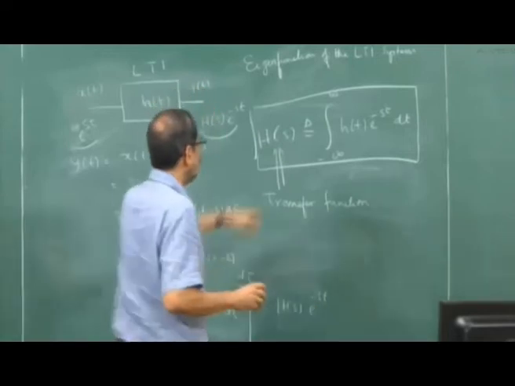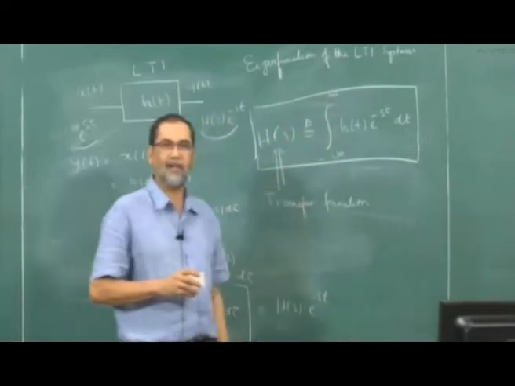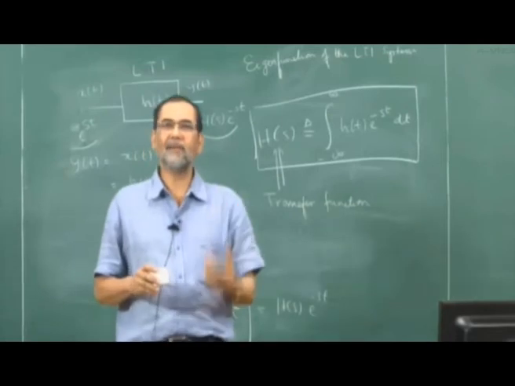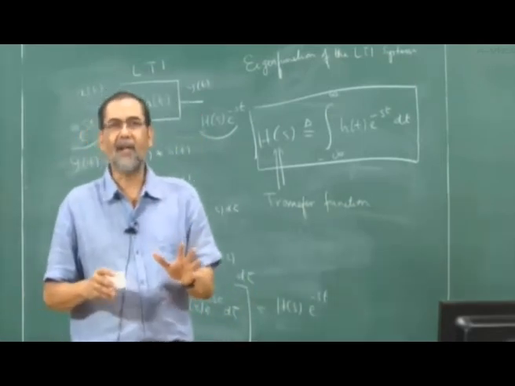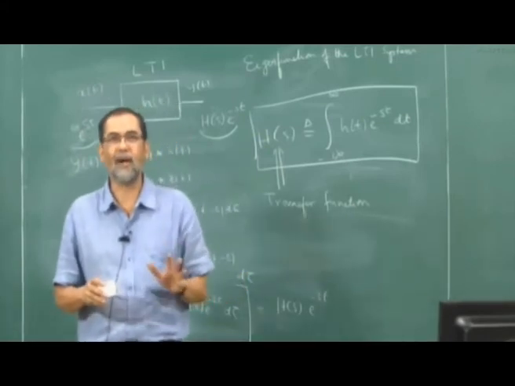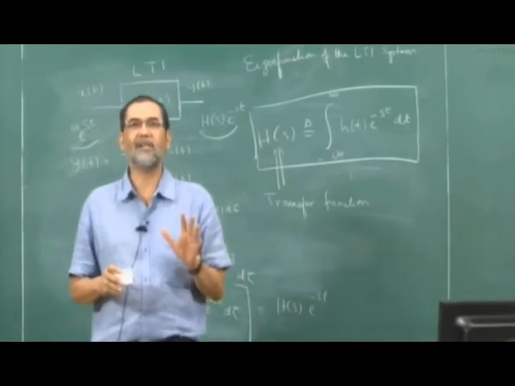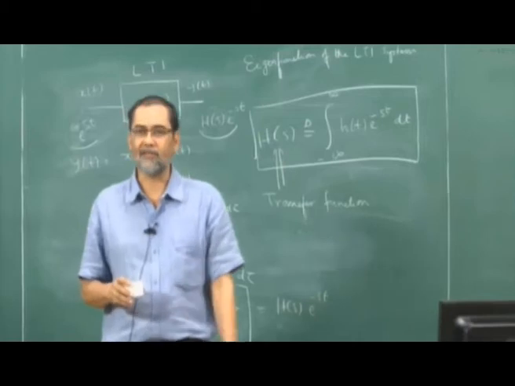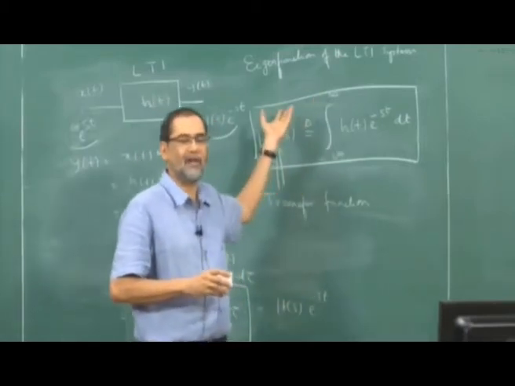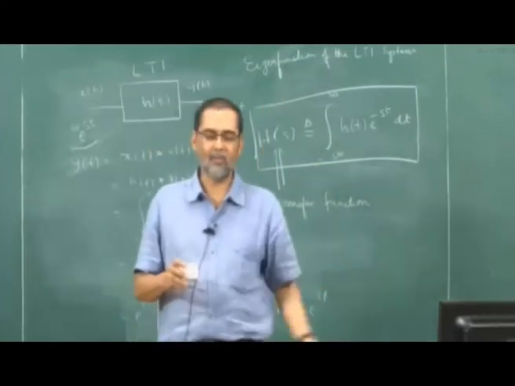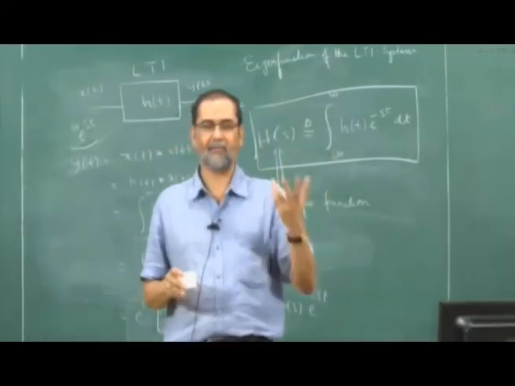Remember, the limits of integration are minus to plus infinity, and I said on the very first day that when the limits are from minus to plus infinity, please take a step back and see if that integration is defined. If it is defined, you can put any function here. So I can have H of s, X of s, Y of s, Z of s, whatever, it doesn't matter.